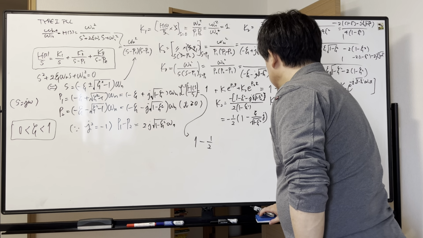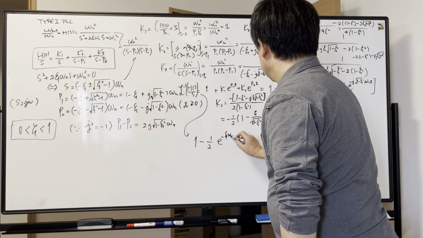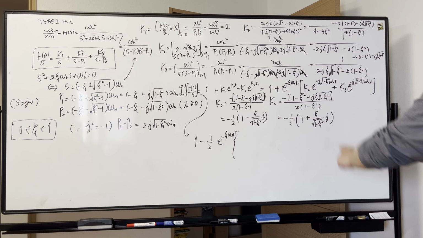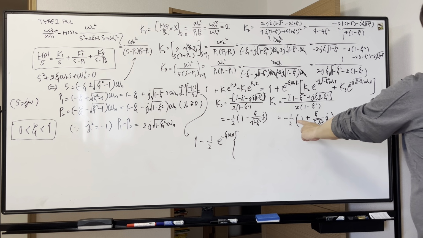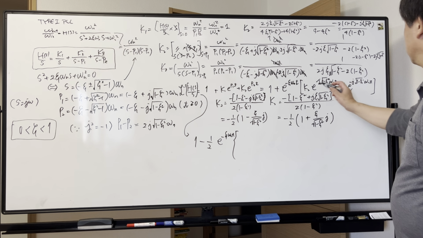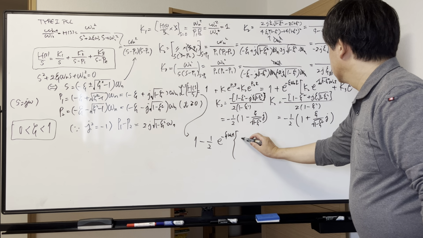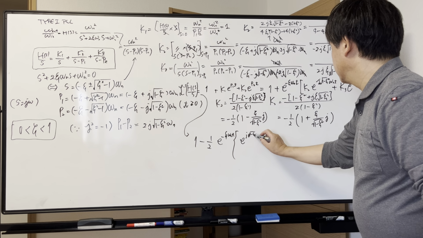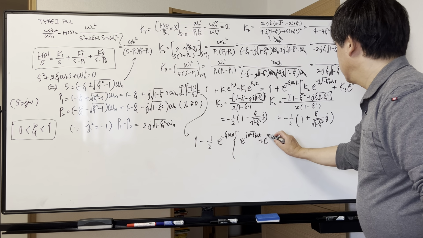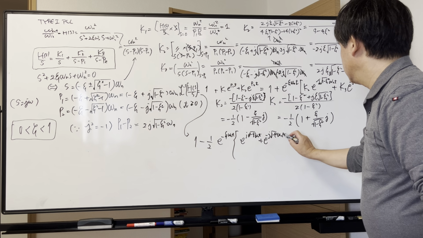Minus half yields e to the minus zeta omega n t times this one, which takes minus half, which means multiply this one. It yields e to the j square root of 1 minus zeta square omega n t plus e to the minus j square root of 1 minus zeta squared omega n t.